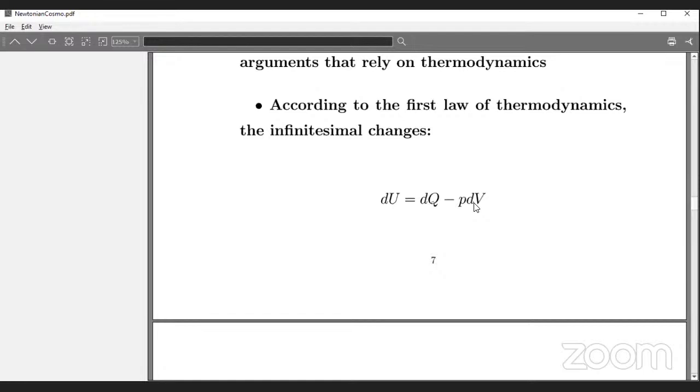the increase in the energy dU is the energy density times volume. So d of energy density times volume, and pressure is negative of the energy density itself. So you have d of energy density times volume is energy density times dV. In other words, this says energy density is constant.